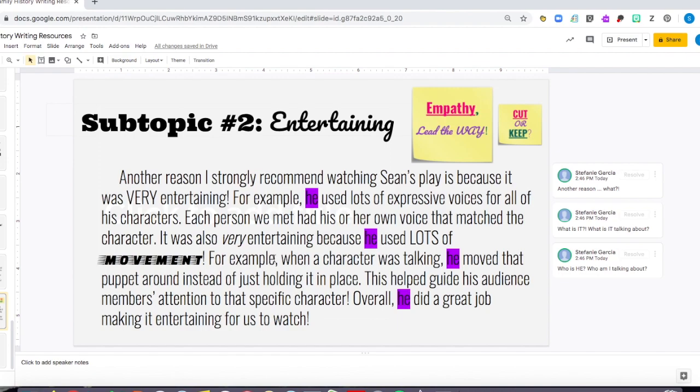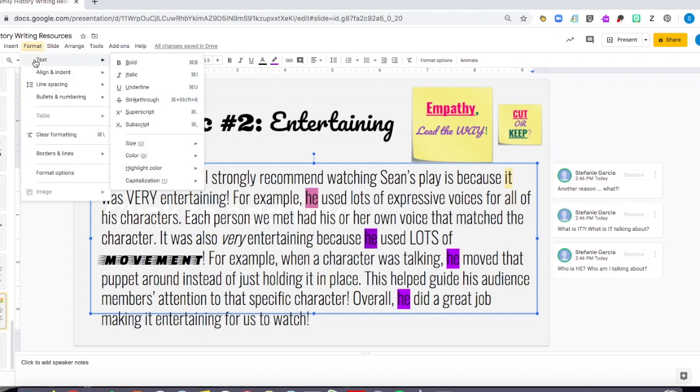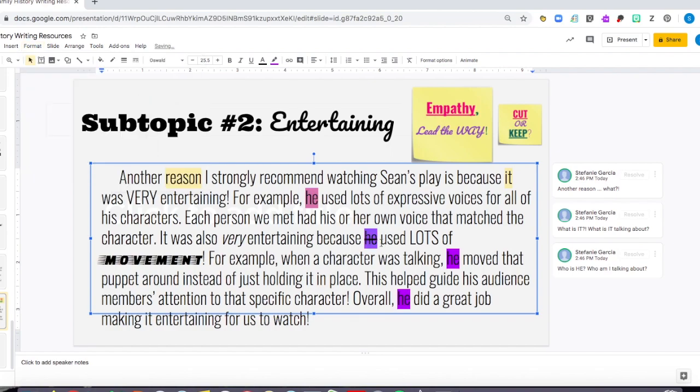It was also very interesting because he used lots of movement. I'm going to change this he to Sean because I haven't said Sean's name in a long time.